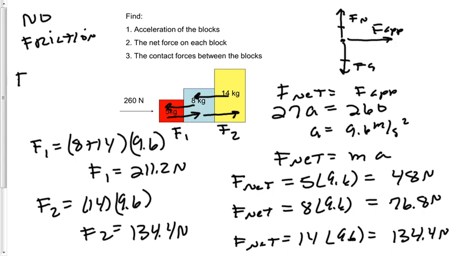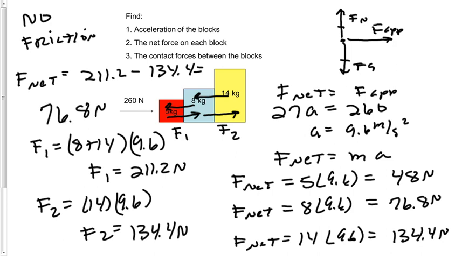The force net for that block is going to equal force 1, 211.2, minus force 2 coming back at it, 134.4. And let's see what that equals. We see that the value equals 76.8 newtons, which correlates very nicely with what we calculated by Newton's second law, F equals ma.